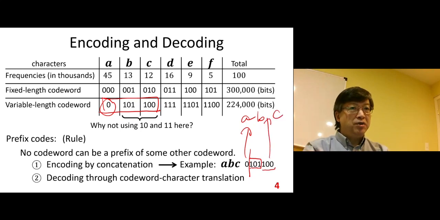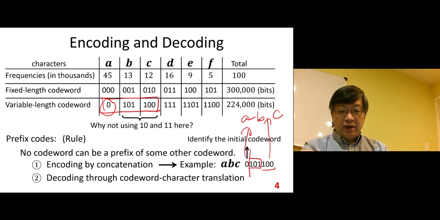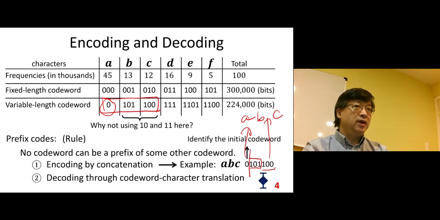The translation must be unique. So when you have that, then you have no problem. So your code word design should be all right. So that's the theoretical part.